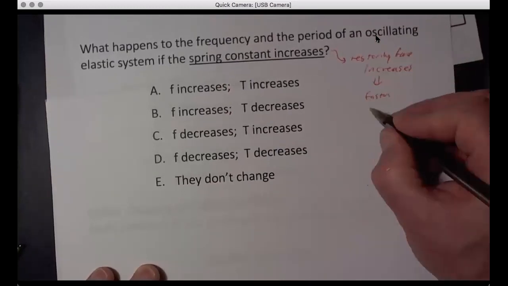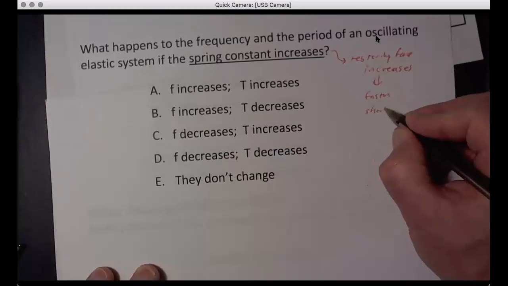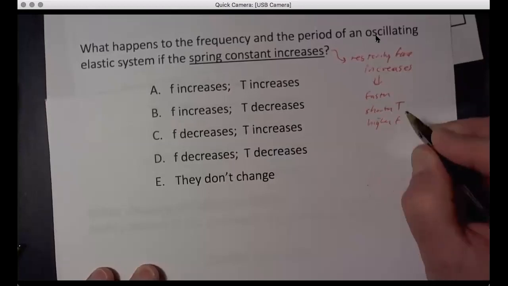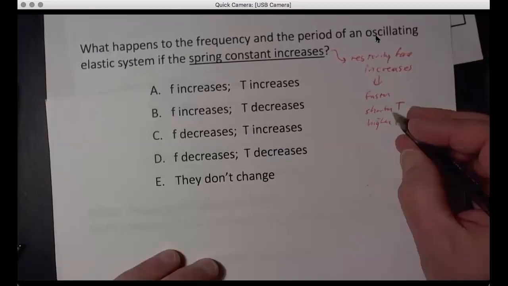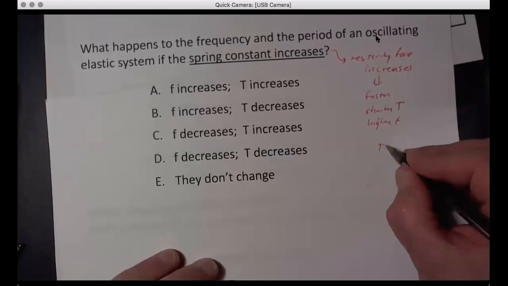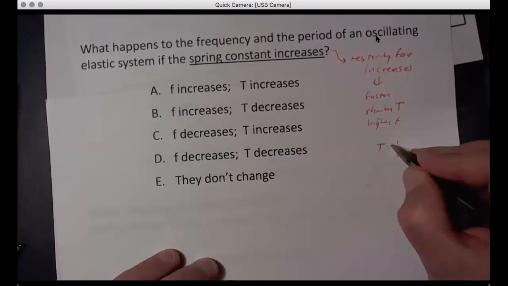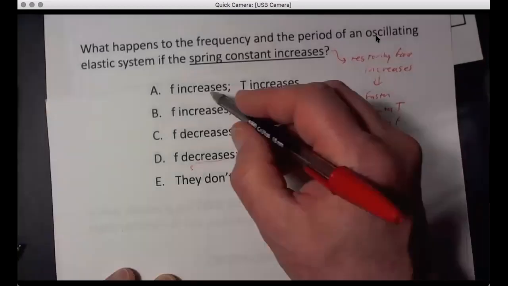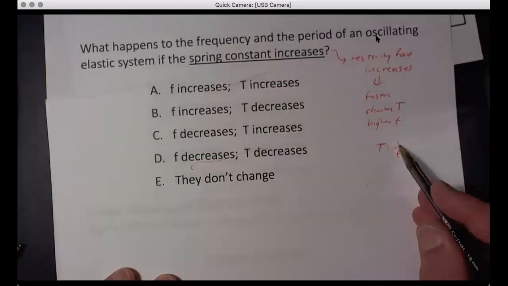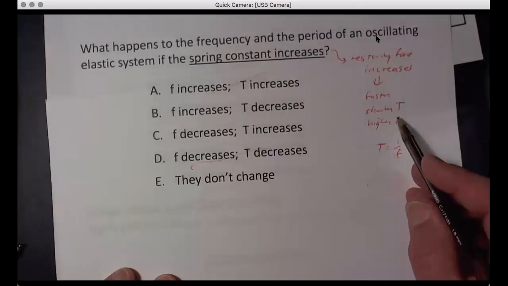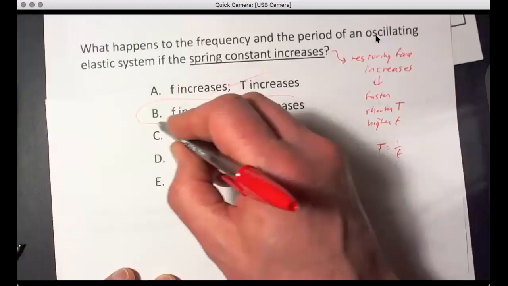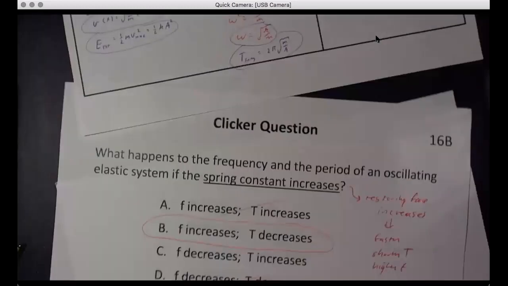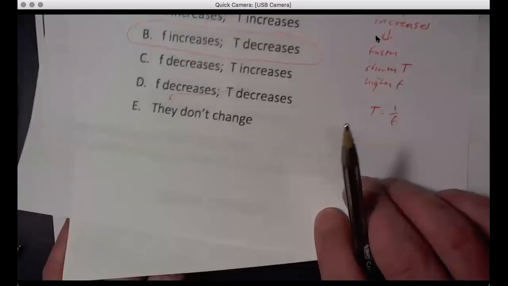And faster means shorter T, higher f. And of course the opposite, because again, T is equal to 1 over f, and f is equal to 1 over T. You can throw these two out again because you can't have them both doing the same thing. In our case, we just said shorter T, higher f. That's this one. Okay, so that's this one.